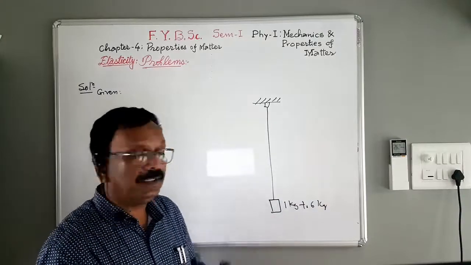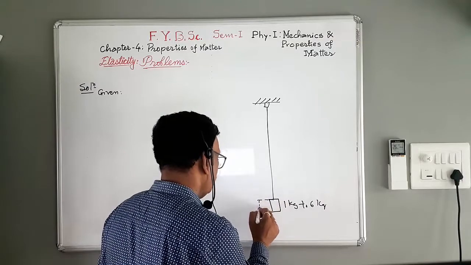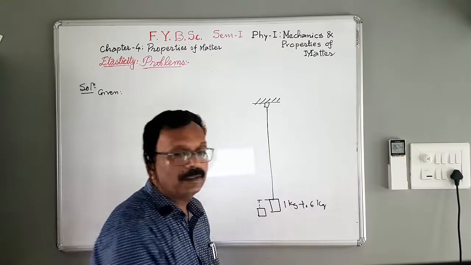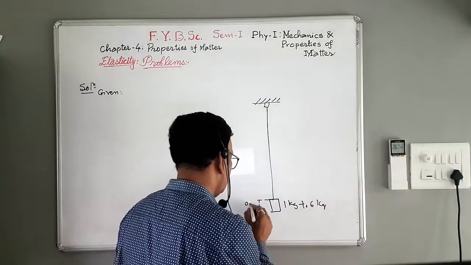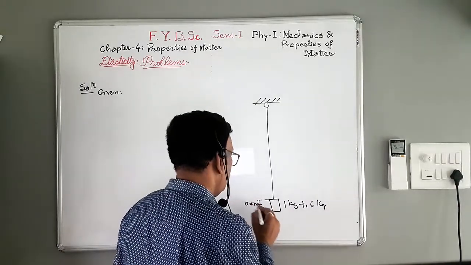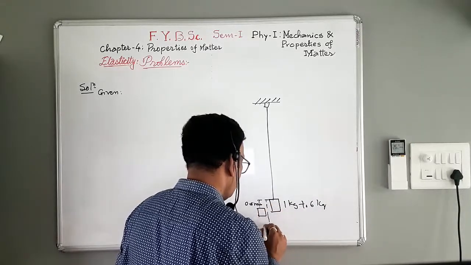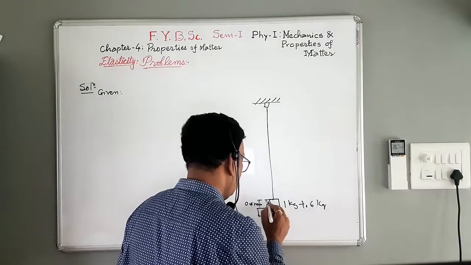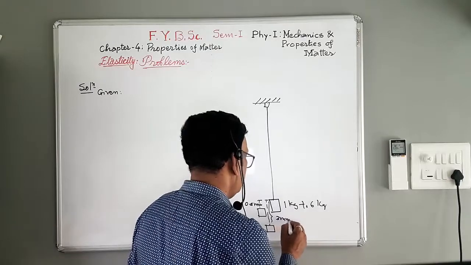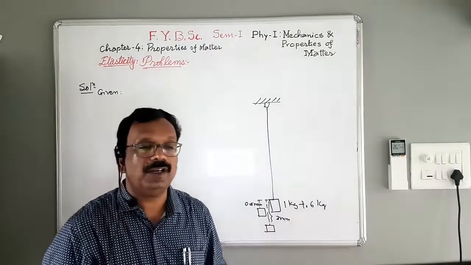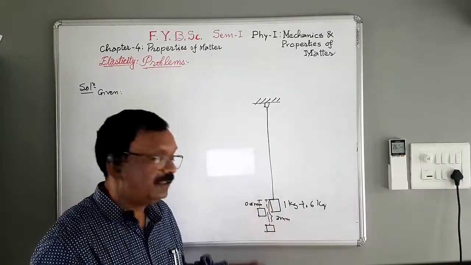When we apply the load of 1 kg, then the elongation in the wire is produced by 0.5 mm. And when we apply the load of 6 kg, then the elongation is produced by 3 mm. Okay. And now in this wire we have to find out the work done for the extension.